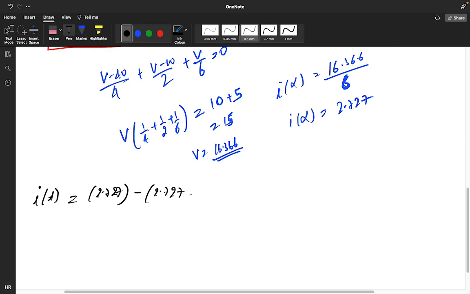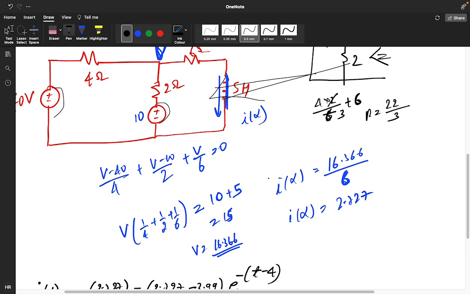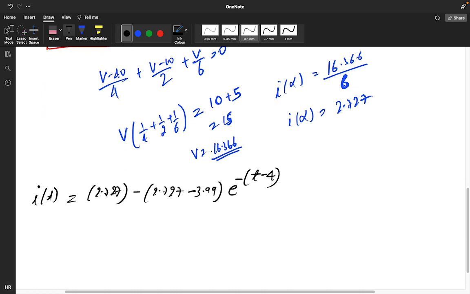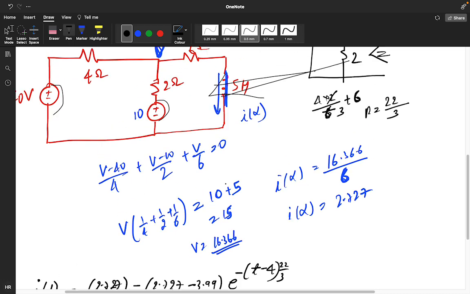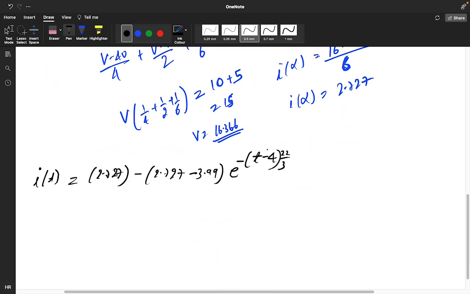So 3.99 and e power minus (t minus 4), because of the 4 second delay, into R t by L. R we got 22 by 3, L is 500.